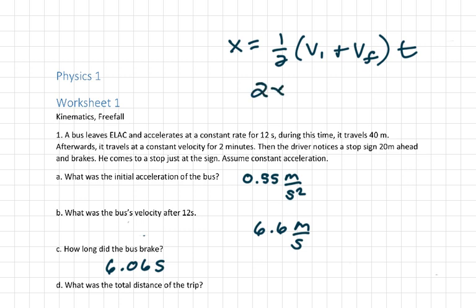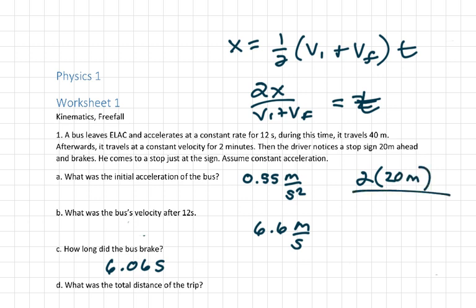So 2x over v initial plus v final is going to give me t. So 2 times 20 meters divided by, I know my initial is 6.6 meters per second, and I come to a stop, so the final is 0. And I did that calculation, and the answer is 6.06 seconds.